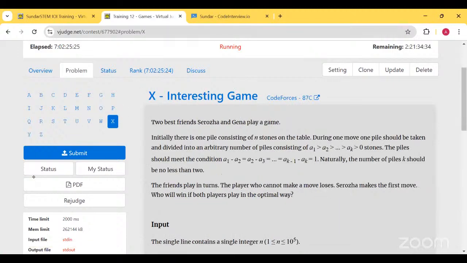Which topic do you want to discuss next? Maybe graph, or square root decomposition, or other tricks? Number theory, okay. After game theory, we will discuss number theory.